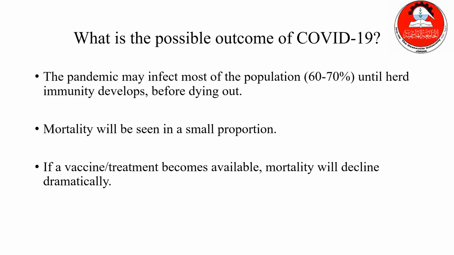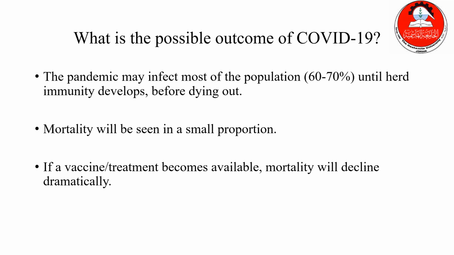And once again, as with influenza virus, most COVID-19 infections are subclinical, and only a small minority, we're talking about 10 to 15%, show symptoms, and most of those who show symptoms have mild symptoms. Only a small percentage have severe symptoms.